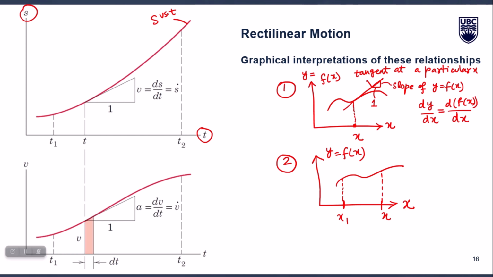So this shaded area which I am shading now, the area enclosed by that function graphically between two certain values of x, x1 and x2, is equal to a definite integral from x1 to x2 of that function, which is actually y or f of x, with respect to x.